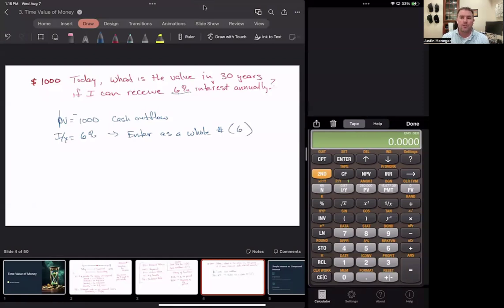So you don't have to type in 0.06. It is important that you know that the interest rate will be calculated as a whole number. Okay, so what's next on our calculator? N. What is our N? Well, we are compounding annually, and we are compounding for 30 years. So we have 30 years.